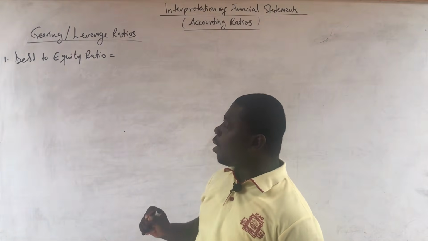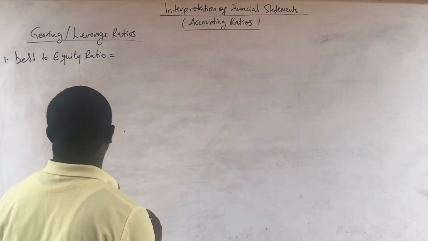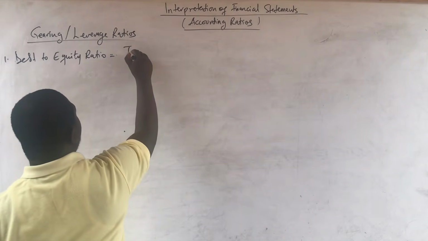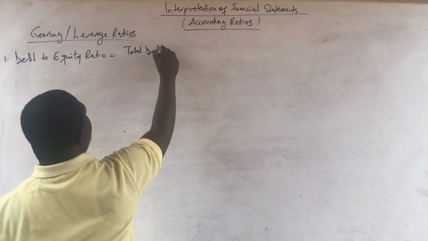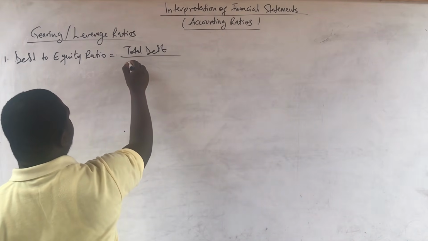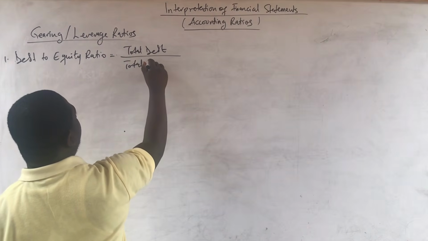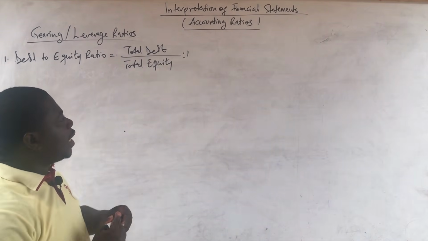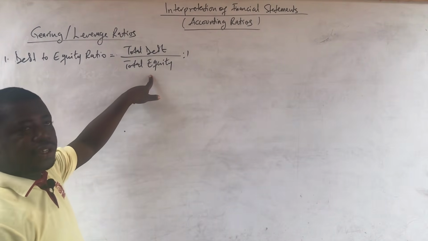Now, when this happens, we just want to look at the relationship between debt and then the equity. So you can say total debt over equity. Equity is shareholders fund. So total equity is to 1. So that the is to 1 will be a representation of the equity.